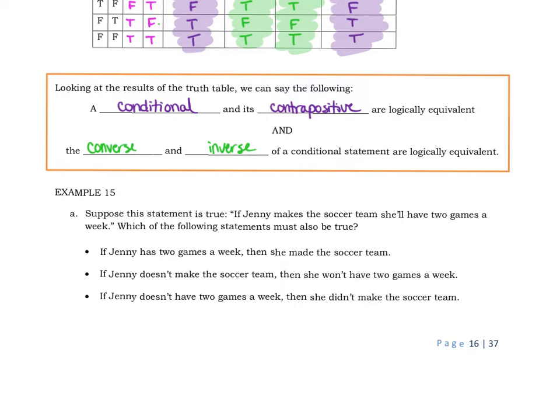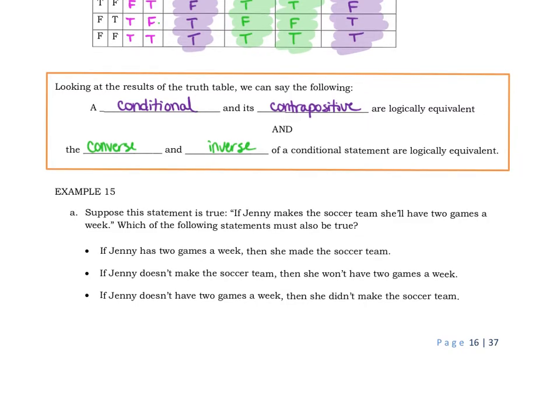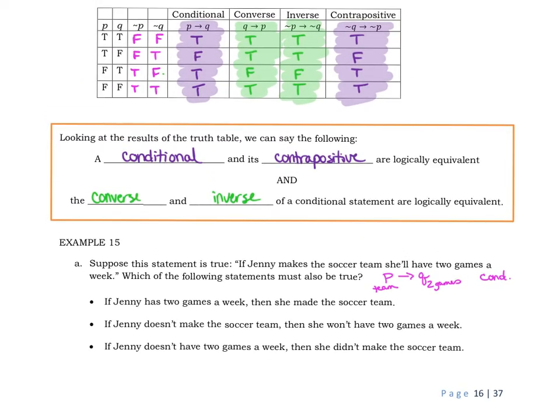Okay, so I'm going to look at this first statement. If Jenny makes the soccer team, I'm going to make that be the P. She'll have 2 games a week. So there's the Q. So this is that she makes the team, then she has 2 games a week. This is a conditional. If P, then Q. The conditional and the contrapositive are logically equivalent.